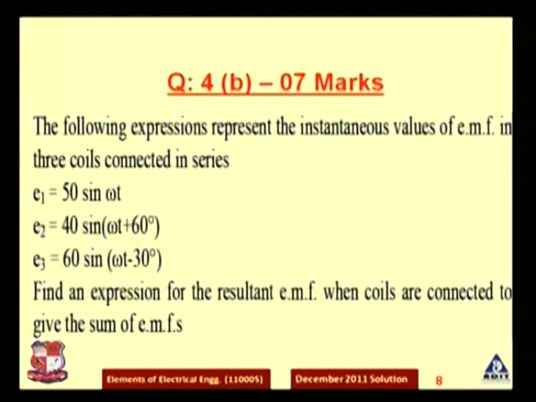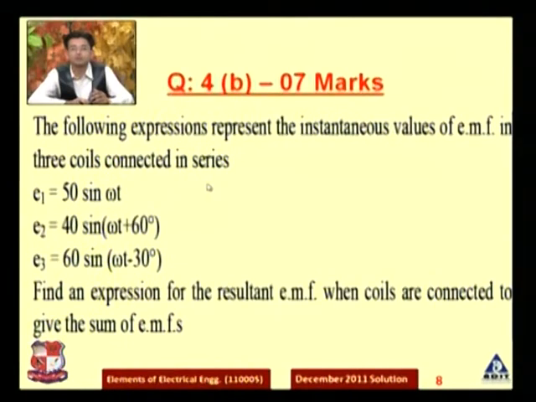Now question number 4B was a numerical asked from the AC fundamentals chapter. In this numerical, the instantaneous values of voltage in three different coils are given, and these three coils are connected in series.